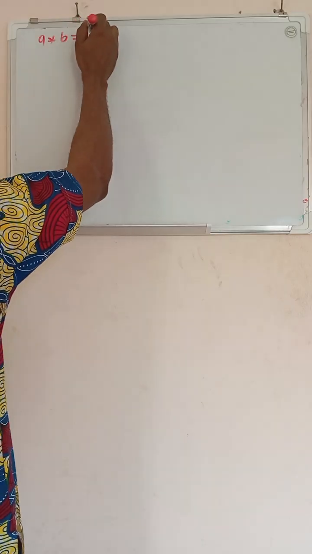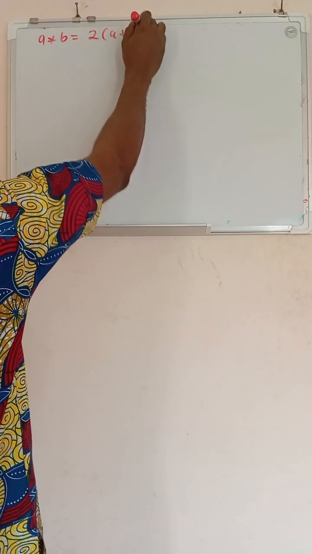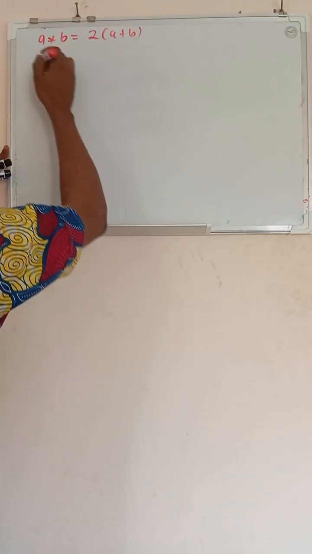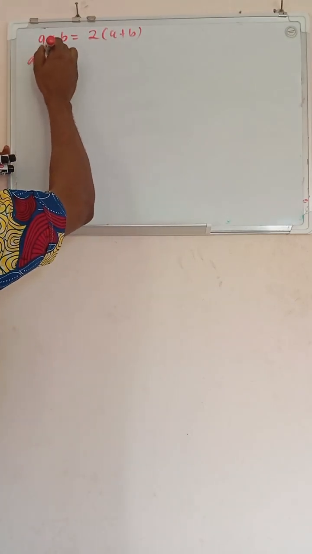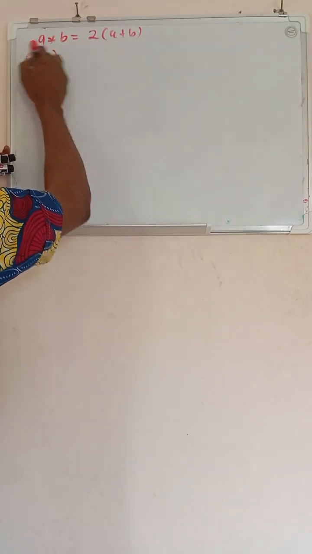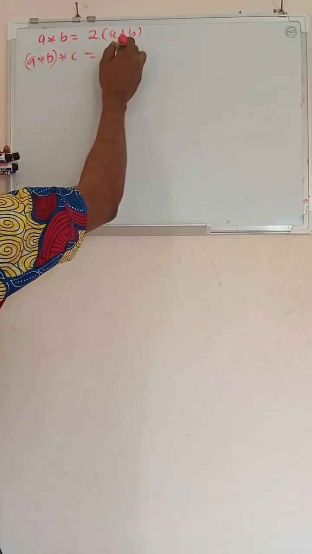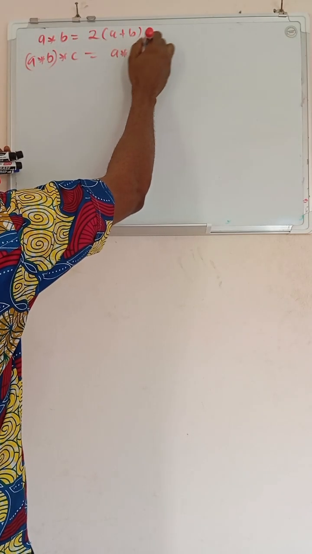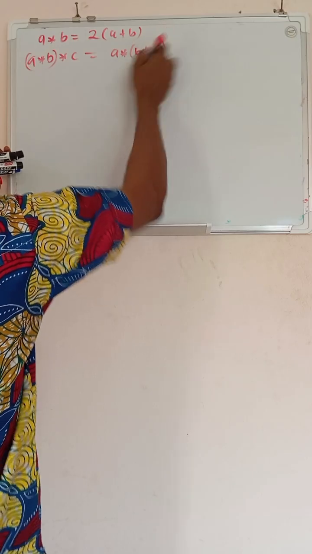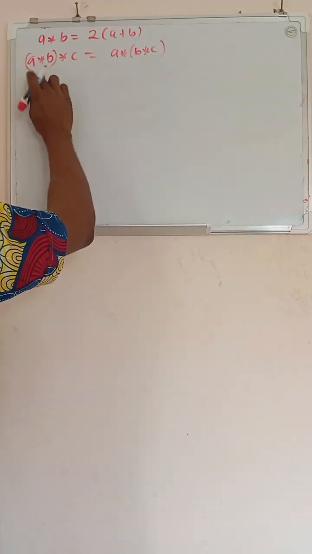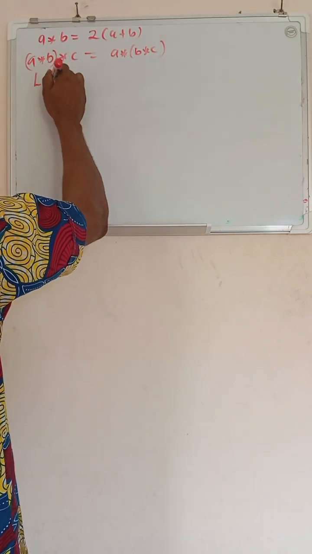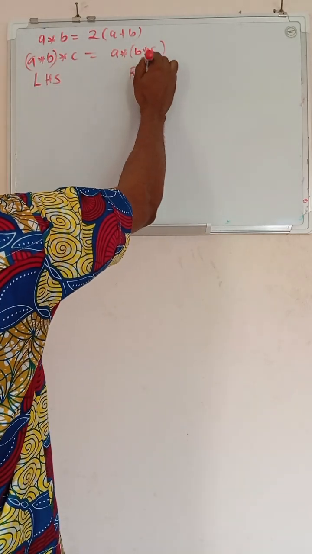Now they say A asterisk B is equal to 2A plus B. According to the definition of associativity, (A asterisk B) asterisk C must be equal to A asterisk (B asterisk C). Let me call this side the left hand side and this side the right hand side.